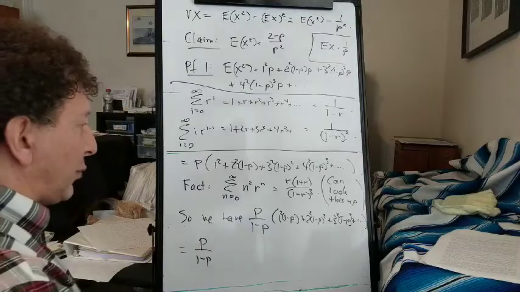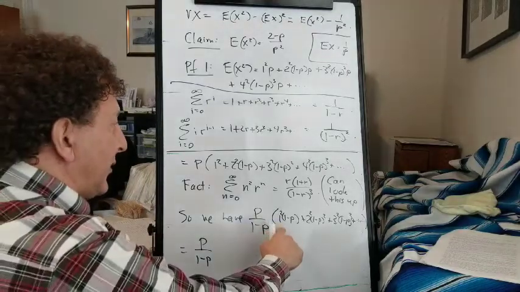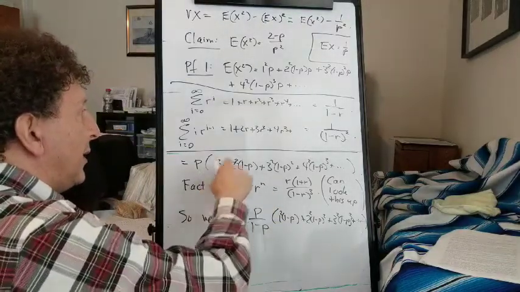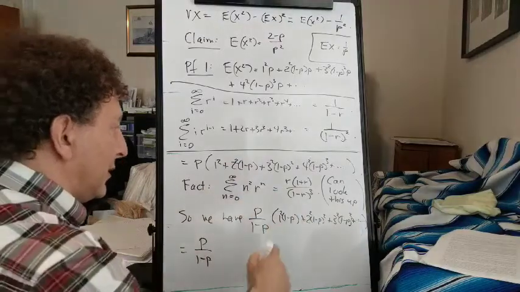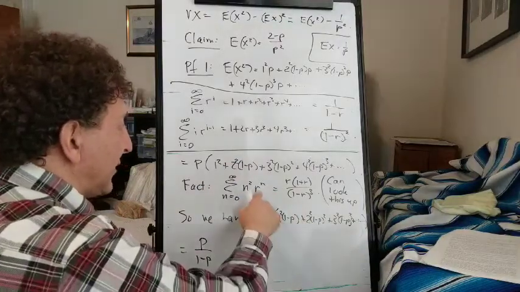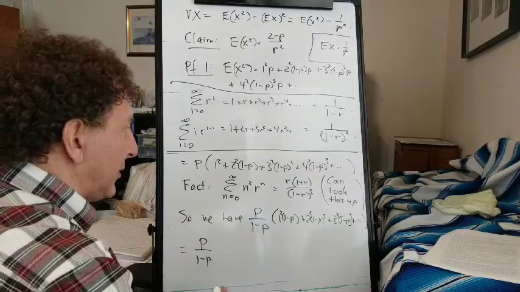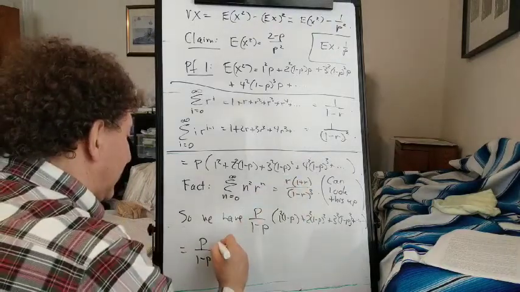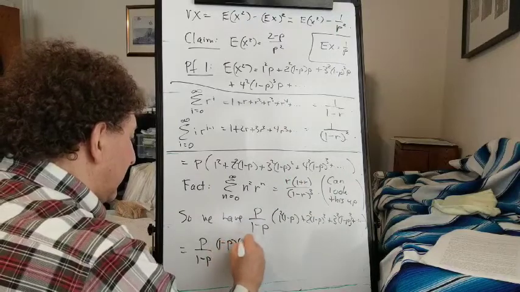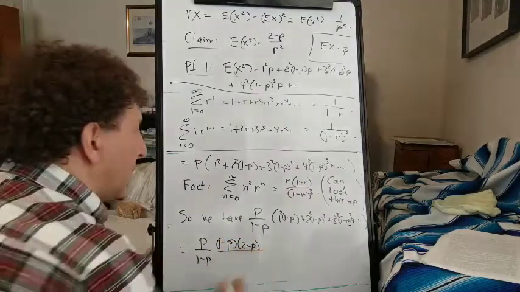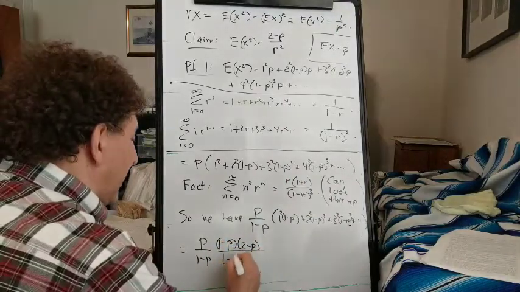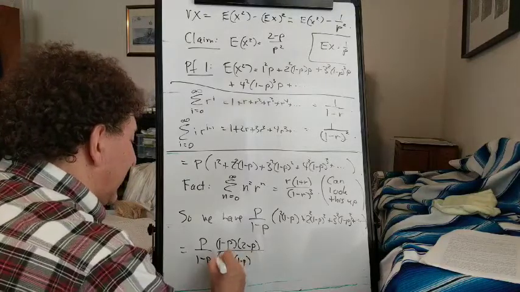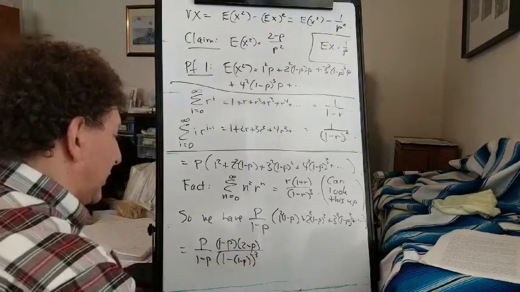And then we have p over (1 minus p), and now this is exactly the form of this formula. 1 minus p is the r that's getting raised to different powers. So we have (1 minus p) times (2 minus p) over (1 minus (1 minus p)) cubed.